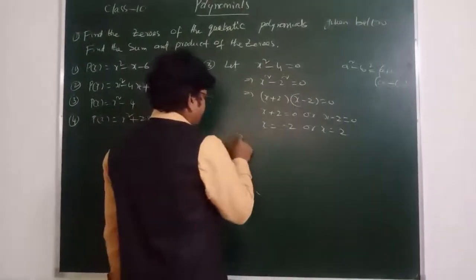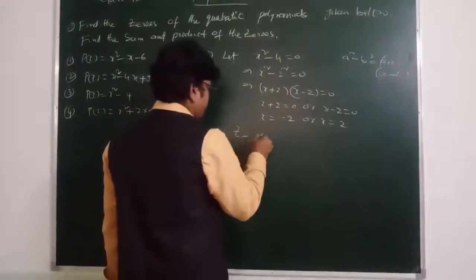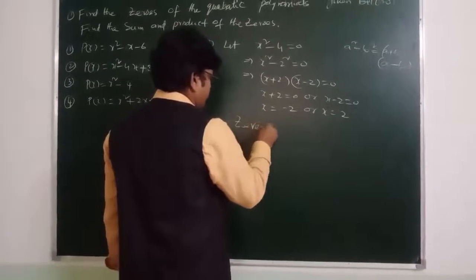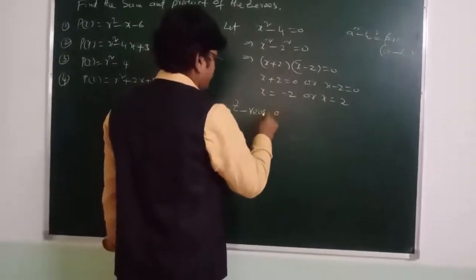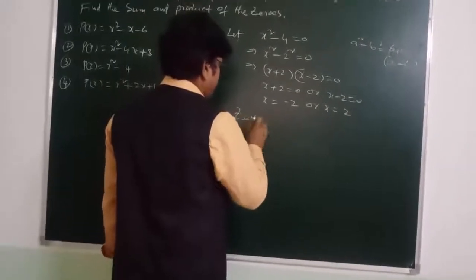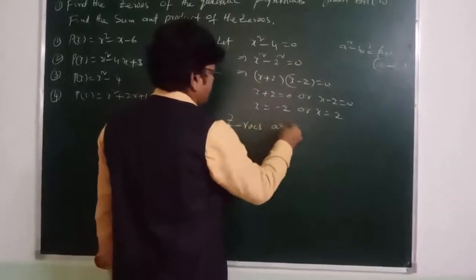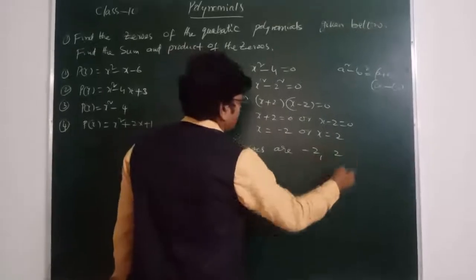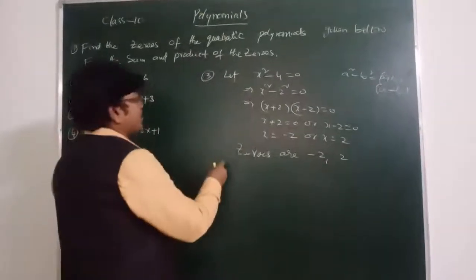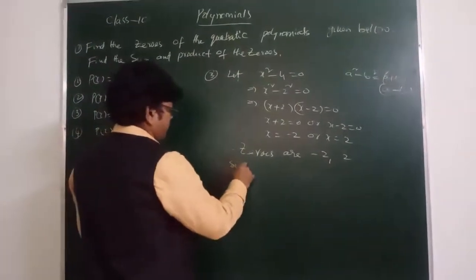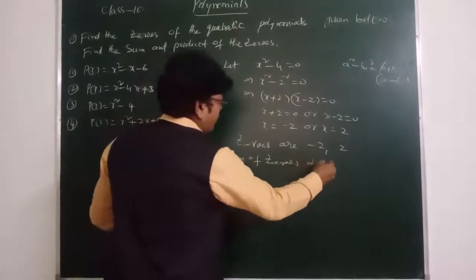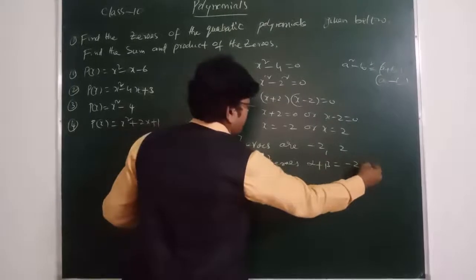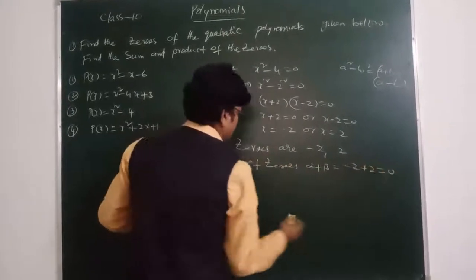Therefore the zeros are minus 2, 2. Sum of zeros alpha plus beta equals minus 2 plus 2, 0.